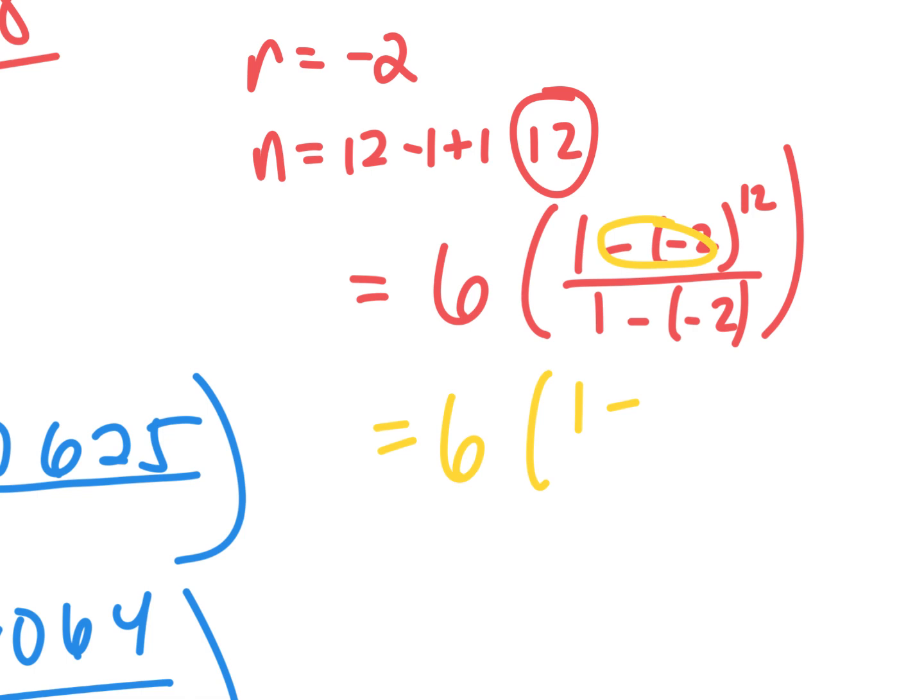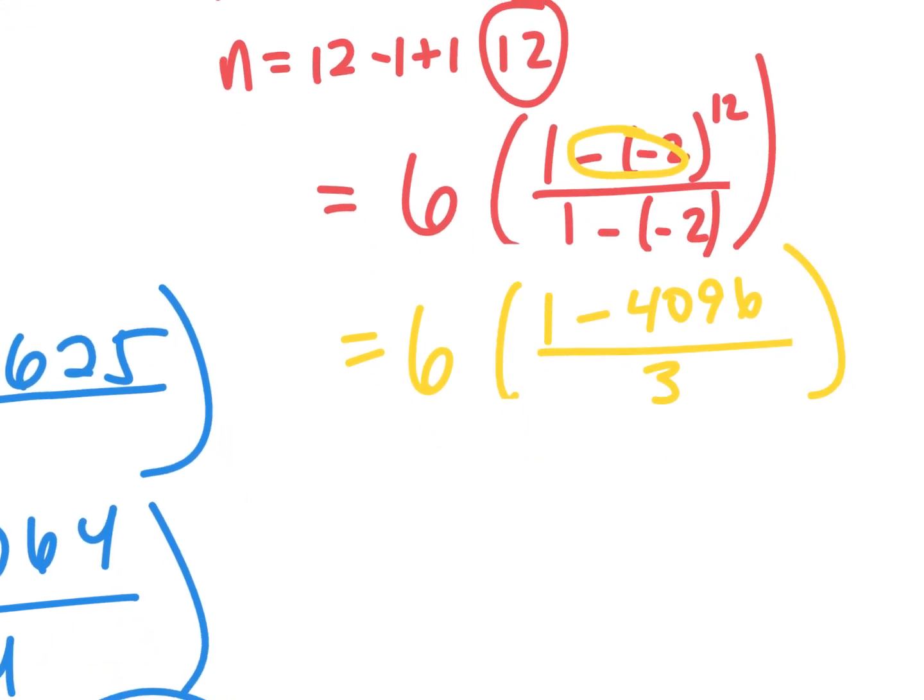What'd you guys get? 4,096, good. And then what's 1 minus a -2? Positive what? 1 minus -2 is going to give me positive what? 3, okay? So what's 1 minus 4,096? -4,095, okay? Divide that by 3. Does it divide pretty?